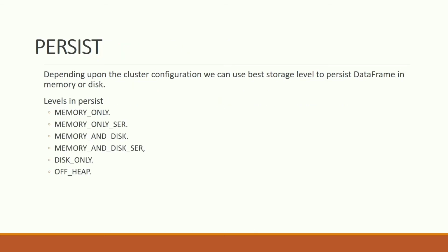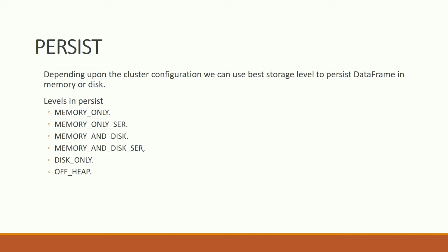Let's go to persist. Depending upon our cluster configuration, we can make the best use of the storage levels which are available in Spark. It mainly concerns memory, which is RAM, or disk. We have around six levels, which are memory only, memory only serialized, memory and disk, memory and disk serialized, disk only, and off-heap.